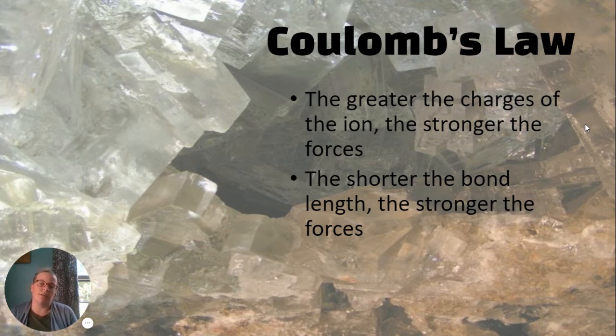And the way that it works in general is that the greater the charges of the ion, the stronger the forces are, and the shorter the bond length, the stronger the forces are. Greater charges mean that I have a larger positive or negative charge, and the bigger the difference in charges, the stronger the attraction is going to be.